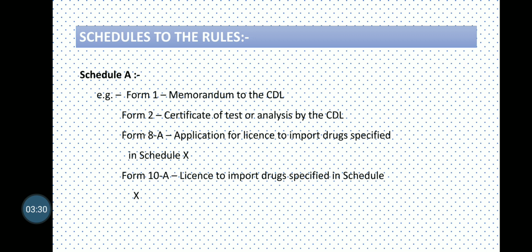What should be the format of that license, etc.? Those formats are given in the form of forms in your Schedule A. Forms used for making application for license, for issuing of licenses, for renewal of licenses, etc. Various form numbers are specified in your Schedule A.